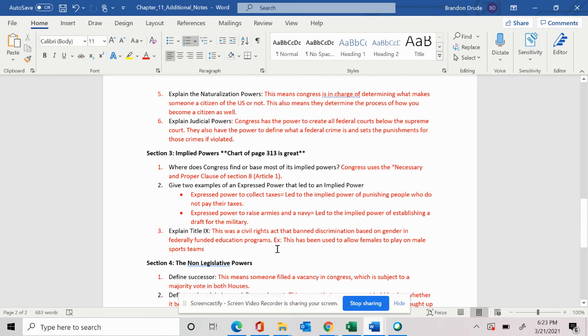You've heard the stories of, oh, females are allowed to be on male sports teams. Well, this is because of Title IX. Now, don't get me wrong, sometimes there are still disputes and arguments, but that is, in a nutshell, what Title IX is. It is supposed to prevent discrimination based off of your gender.